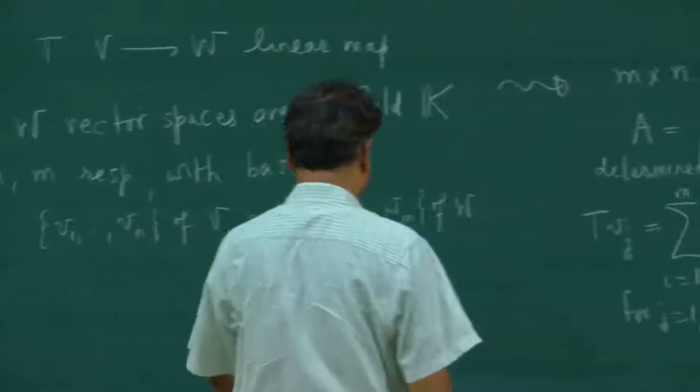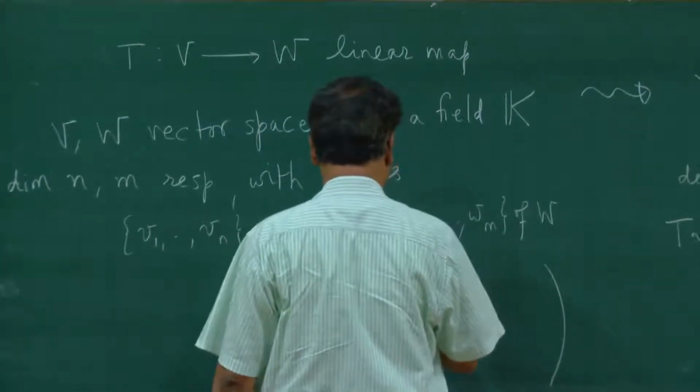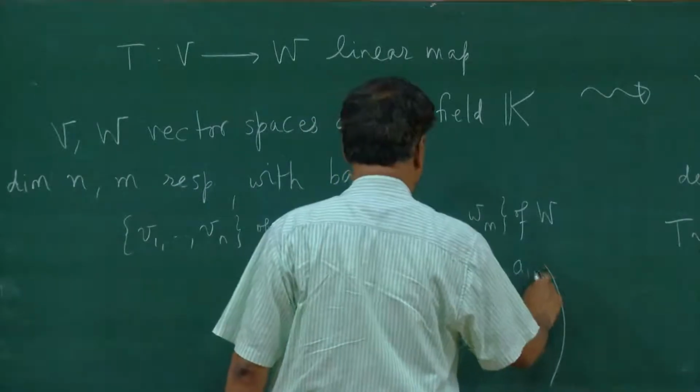And as I have explained to you that this matrix, so for example, I have this A11, A1n.